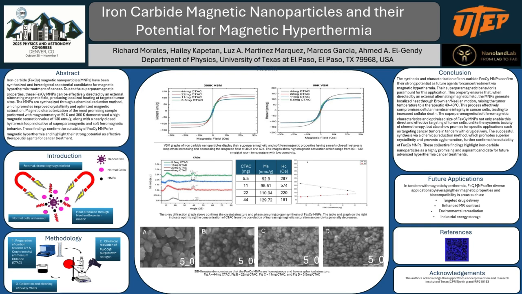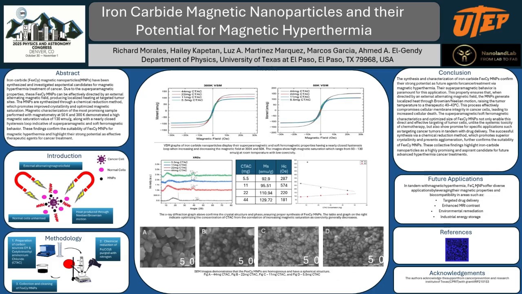Now, in conclusion, this gives us an idea that this method is suitable and highly possible for cancer treatment in the very near future, and it's a very exciting way to go about cancer treatment instead of the normal chemotherapy and even drug delivery.